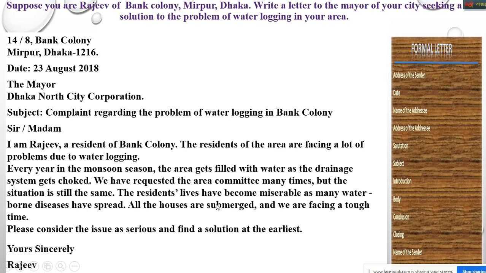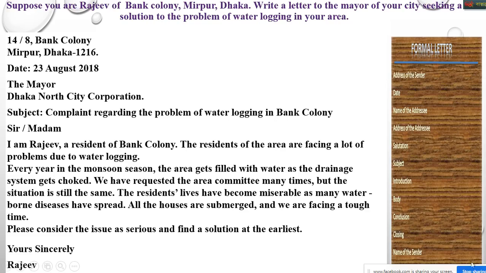The residents' lives have become miserable as many waterborne diseases have spread. All the houses are submerged and we are facing a tough time. Please consider the issue as serious and find a solution at the earliest.